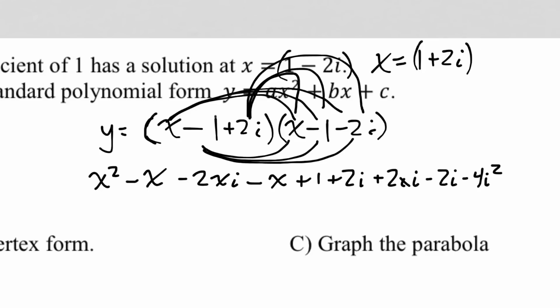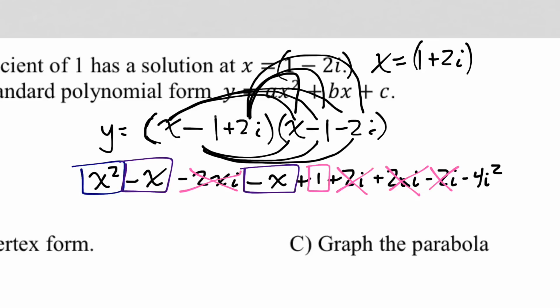Look at this negative 2xi. We'll cancel it with this positive 2xi right there. This positive 2i will cancel with that negative 2i. And what we'll be left with is an x squared. We will be left with a minus x right there and a second minus x right there. And then we'll be left with a real number, 1, and another real number, negative 4i squared.